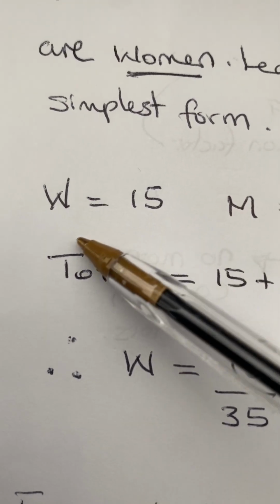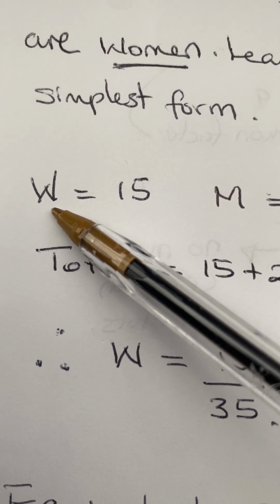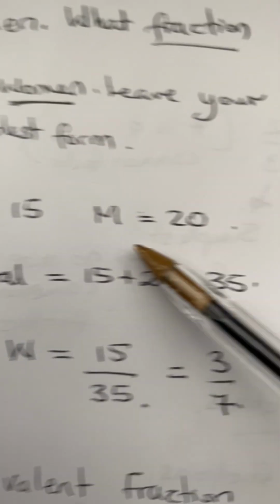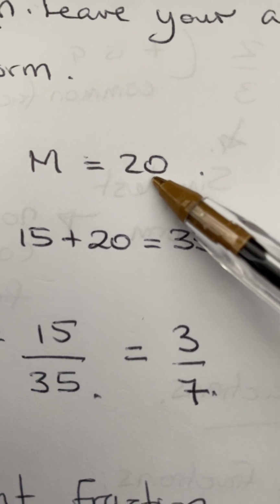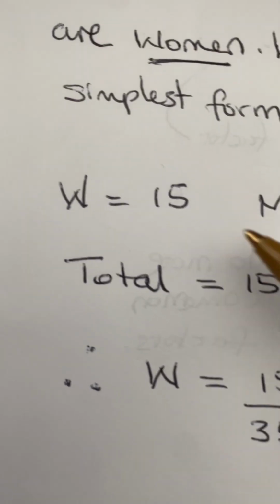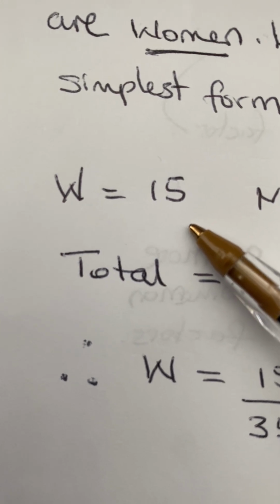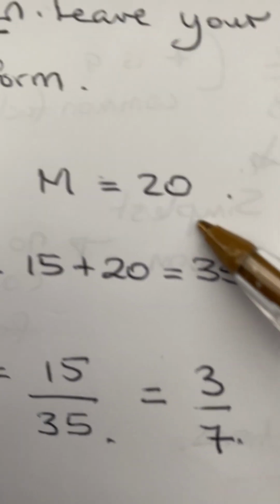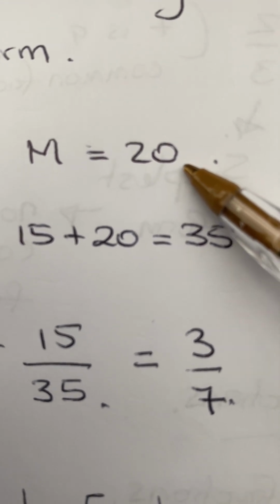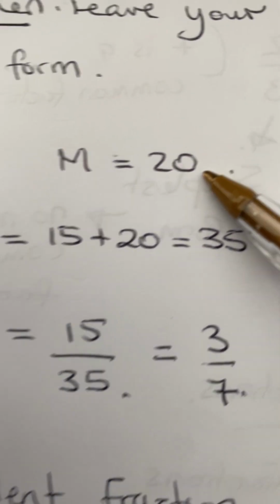Now let's look at what I did here. You have women, which is 15, and you have men, 20. So the tourist group is 15 women add 20 men, which is a group of 35.